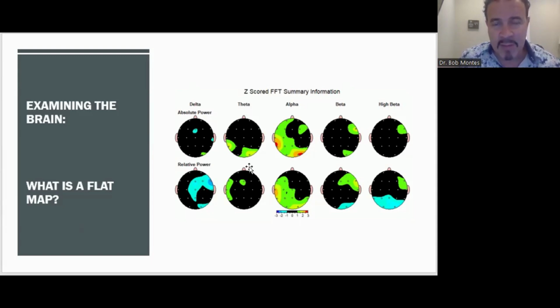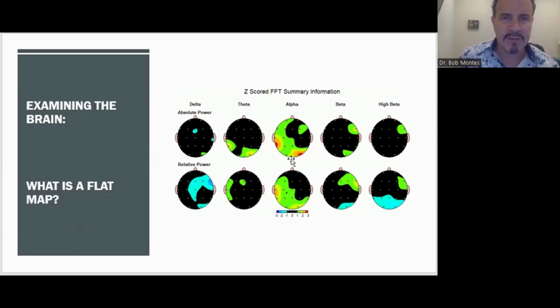This particular map is identifying alpha waves that are showing high amplitude slightly in the left frontal region, then across the temporal region, and then across the occipital area of the brain. So here's front, here's temporal, and then here is occipital and parietal, the back of the brain.